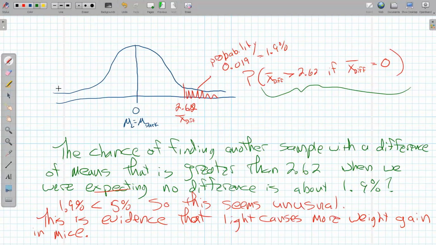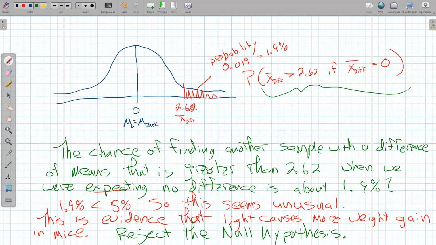So in a situation like this, we often say, reject the null hypothesis.